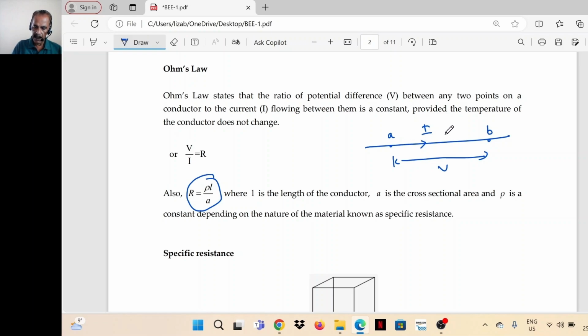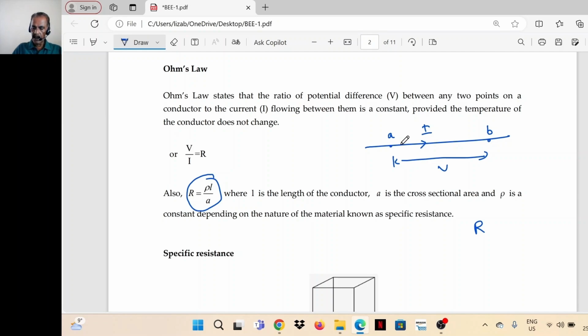Here if we take this case also, the resistance of this conductor between points A and B is proportional to the length of the conductor, which is the length of the portion between A and B. The resistance is directly proportional to the length and inversely proportional to the cross-sectional area of the conductor. So also it depends on the nature of the material with which the conductor is made.